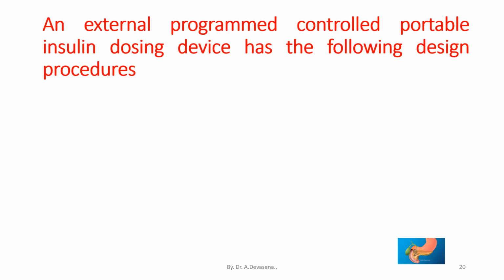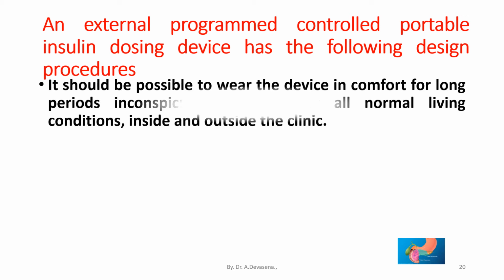An external programmed controlled portable insulin dosing device has the following design procedures. It should be possible to wear the device in comfort for long periods, inconspicuously, and under all normal living conditions, inside and outside the clinic.